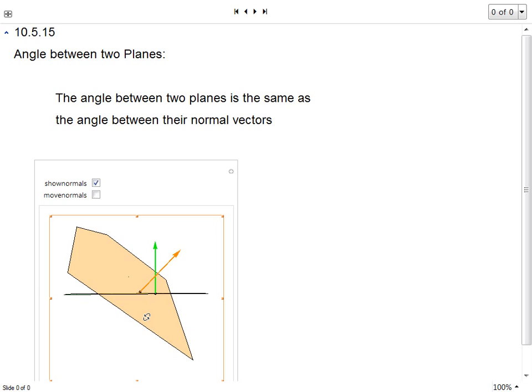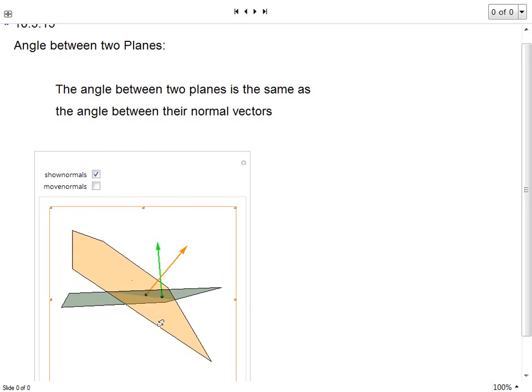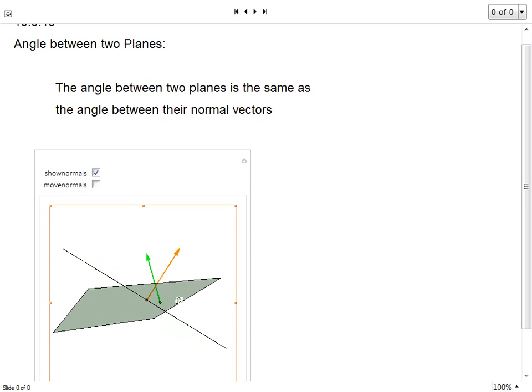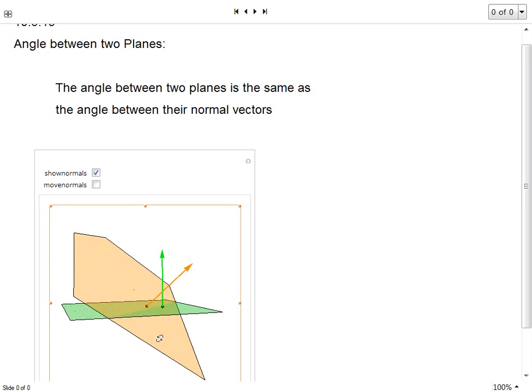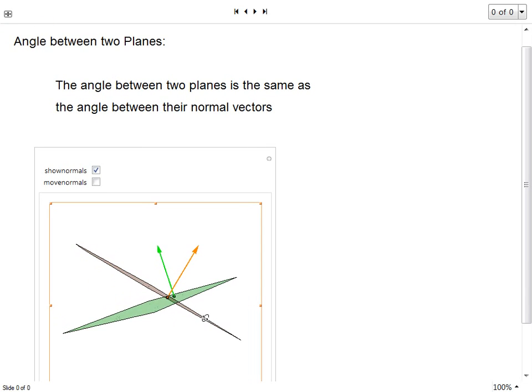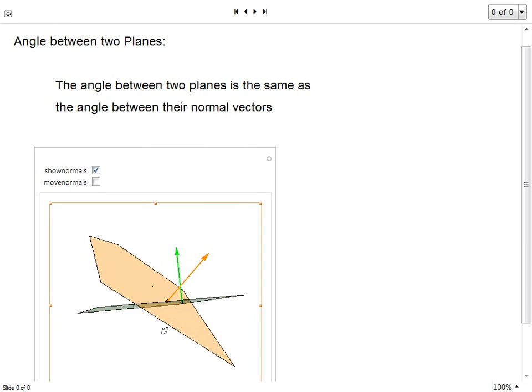But first we have to convince ourselves visually that if you're trying to find the angle between two planes, you only have to look at their normals. That's the normal of one plane, and that orange one is the normal of the other. So the angle between the planes is equivalent to the angle between the normals.